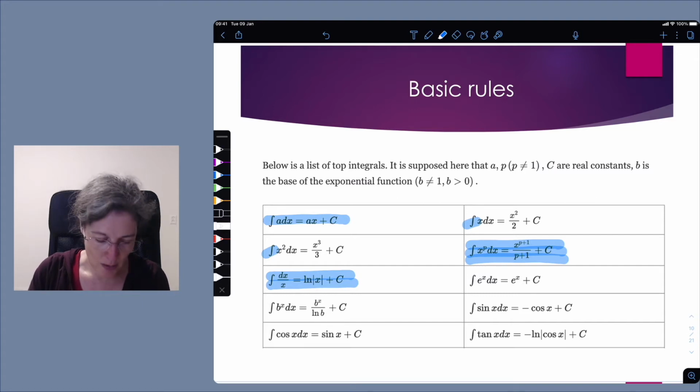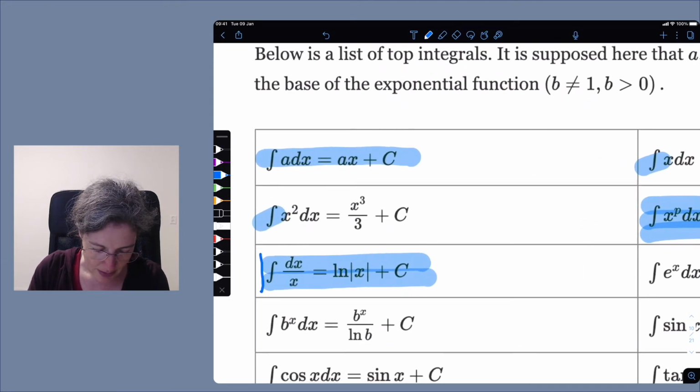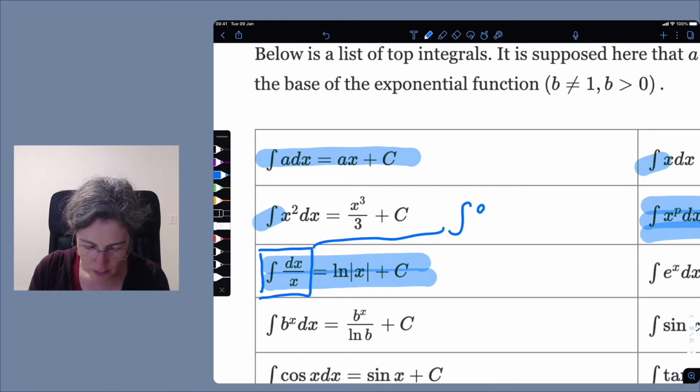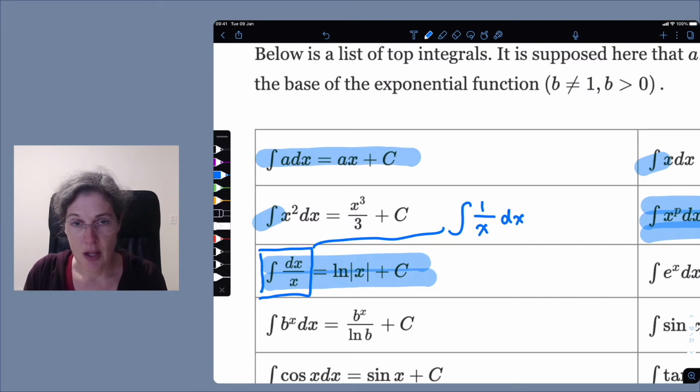But the trick is really that when we write this here, we're writing it as the integral of 1 over x with respect to x. Remember that we could put any x that we like in here. We could put a negative in.